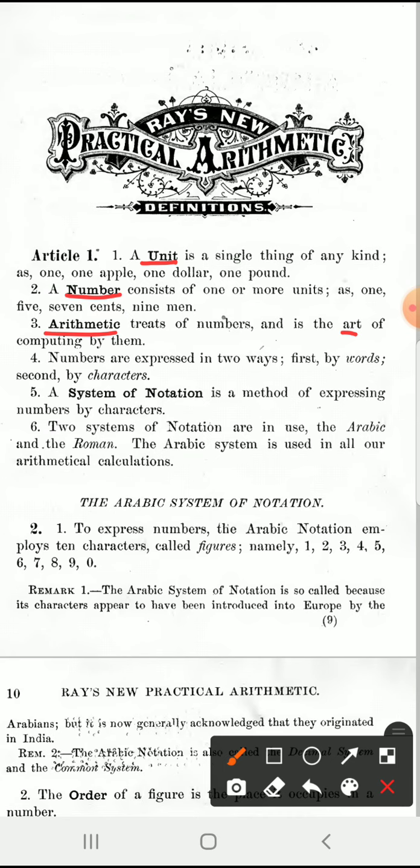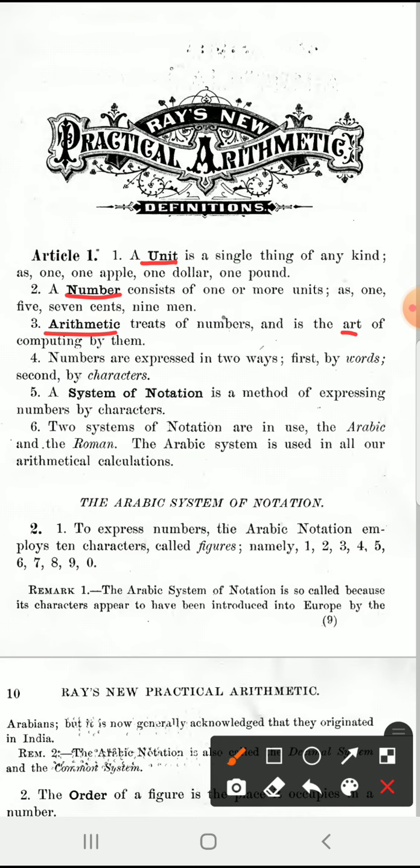So in arithmetic, we're going to study numbers to understand what numbers actually are. And then, when we've come to understand what numbers are, we're going to learn how to compute by the use of numbers. How to solve problems using numbers and the characteristics of numbers. Arithmetic treats of numbers and is the art of computing by them.